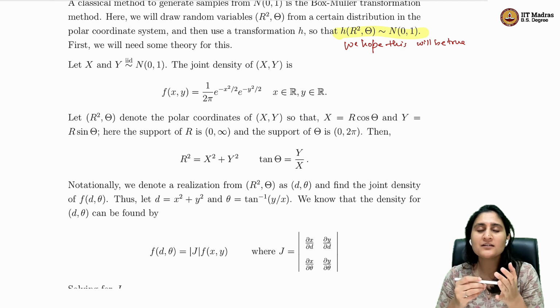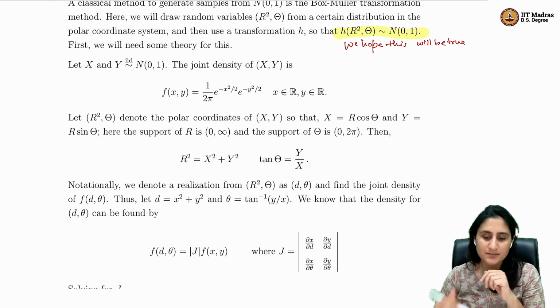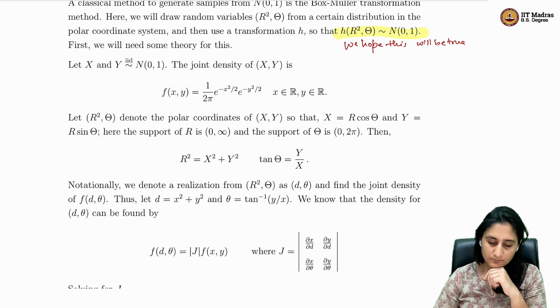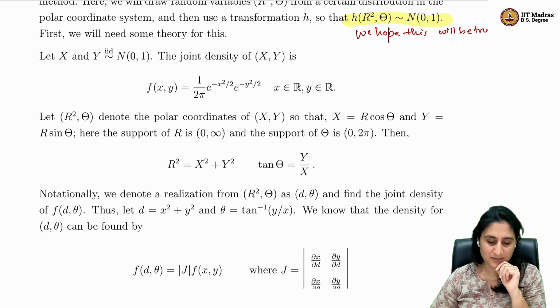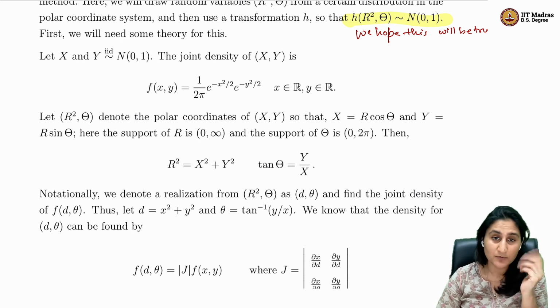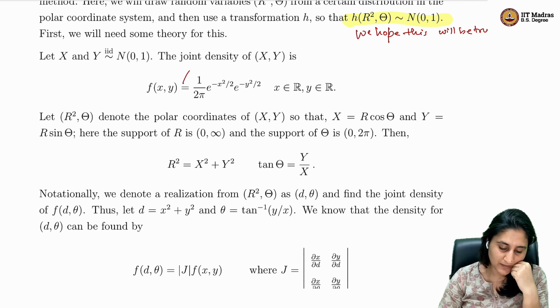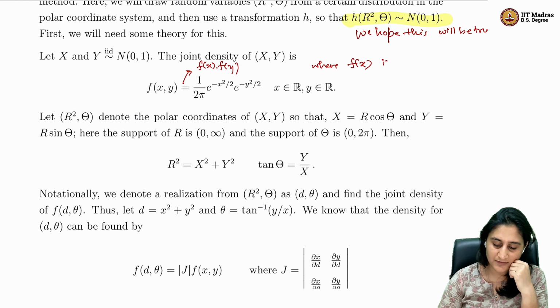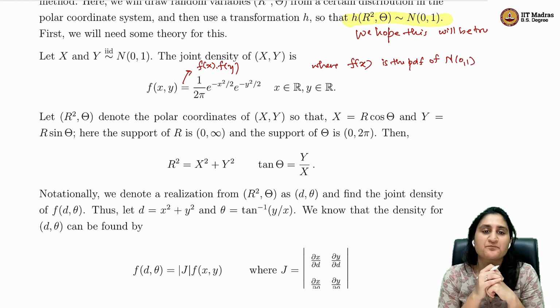Then if they're independent and normal 0, 1 distributed, I can easily write down the joint density of X and Y. The joint density of X and Y is f of x, y, which is nothing but f of x times f of y, where f of x is the PDF of normal 0, 1.